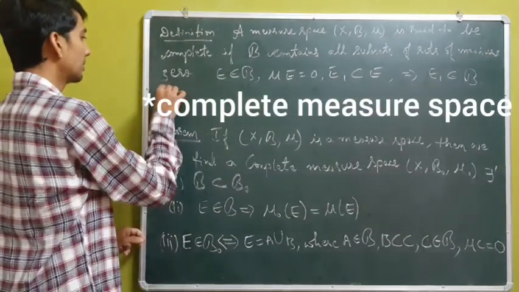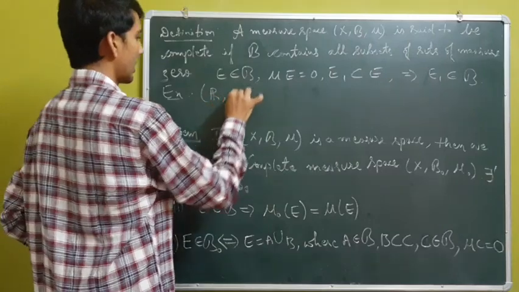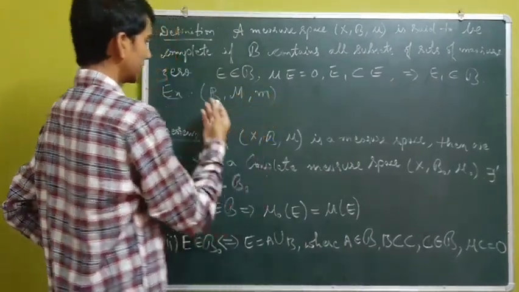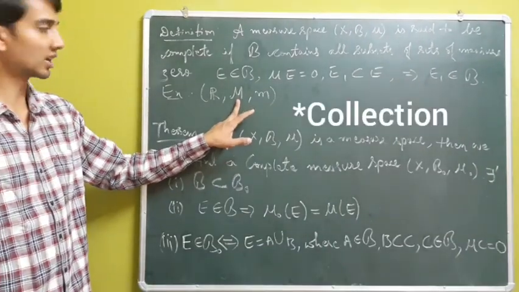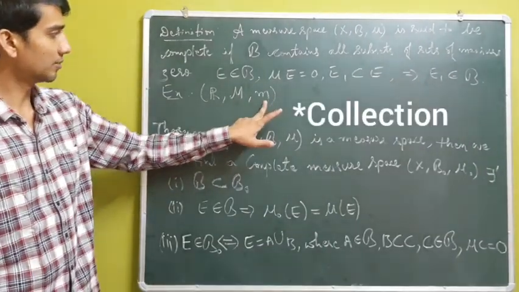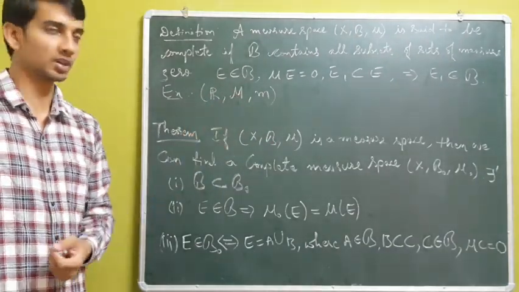To look at an example, I have (R, M, m): the set of all real numbers, with the set of all Lebesgue measurable sets, with the measure being Lebesgue measure, is a complete measure space.